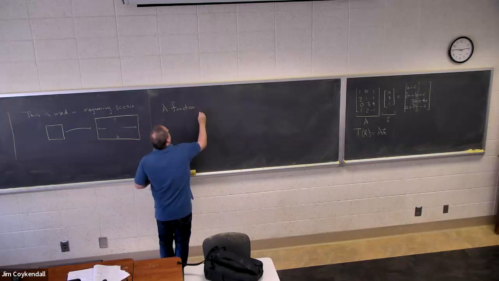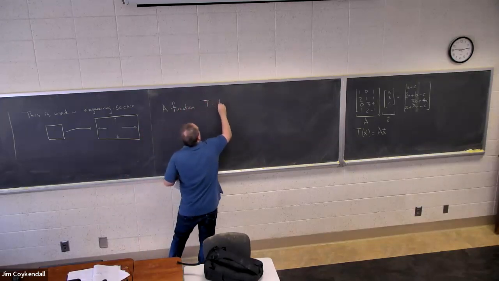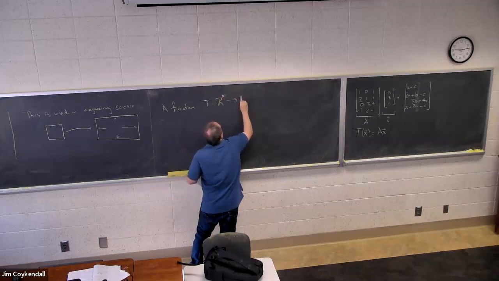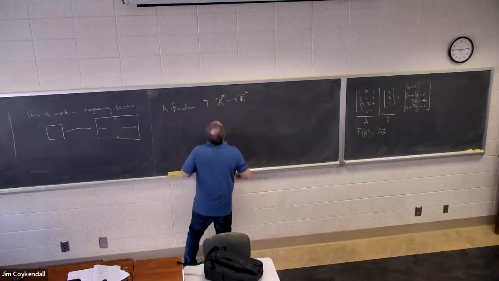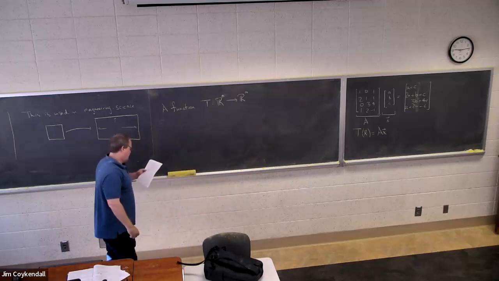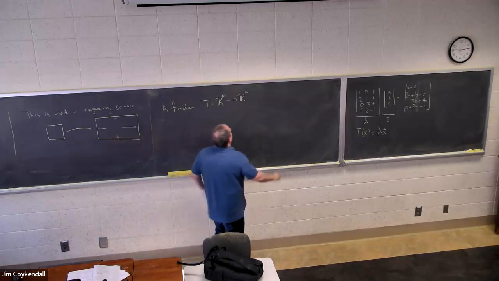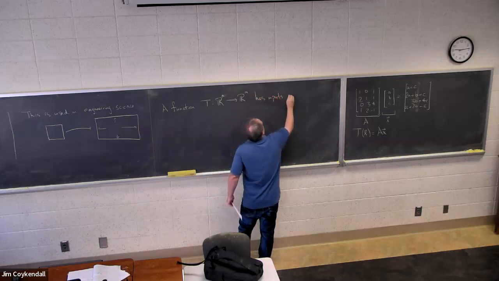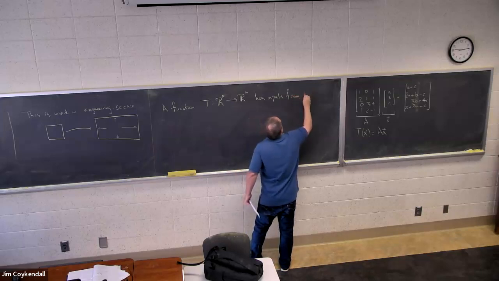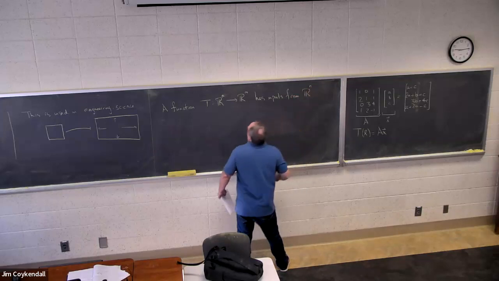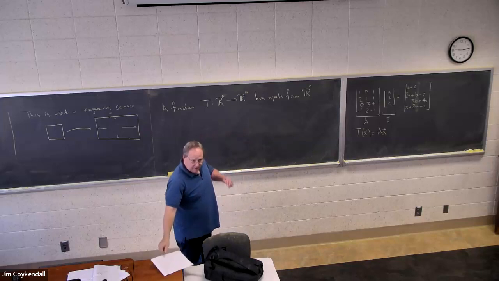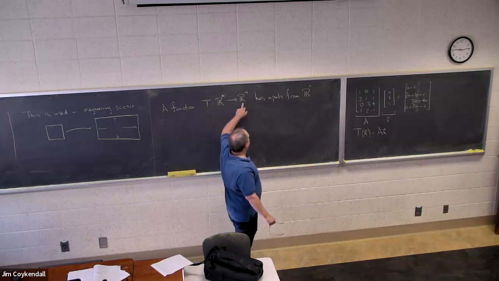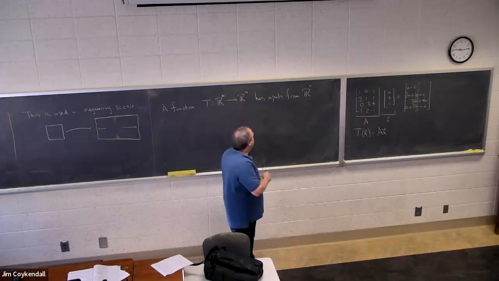I'm going to start with the function T from Rn to Rm. So this is like my function. My input is in Rn, and my output is in Rm, right?